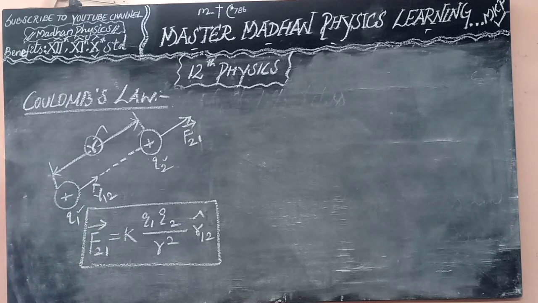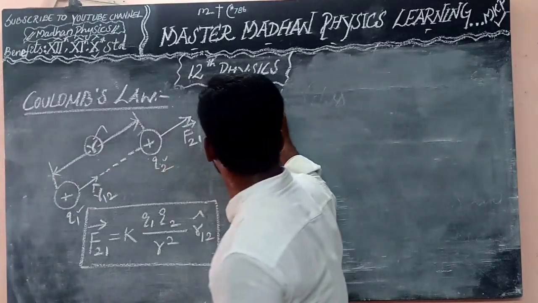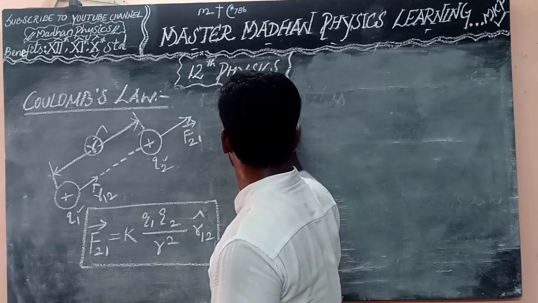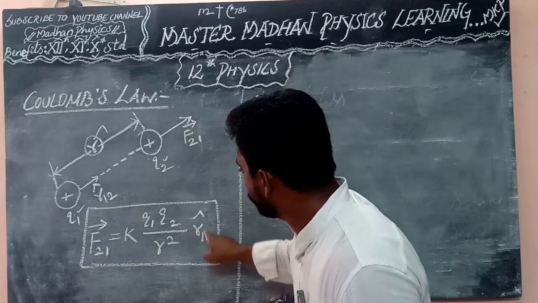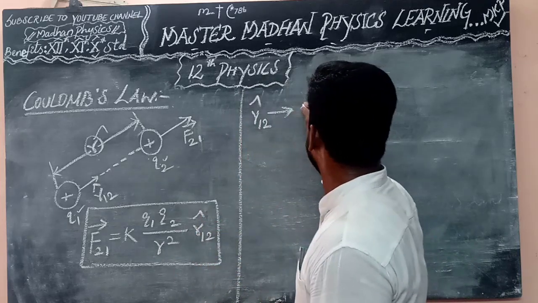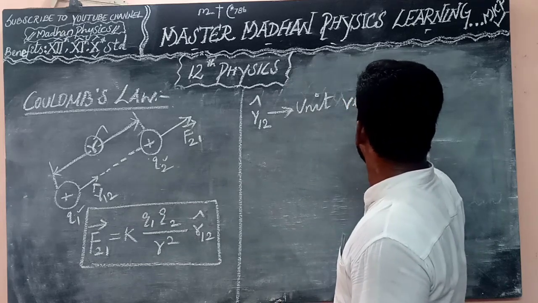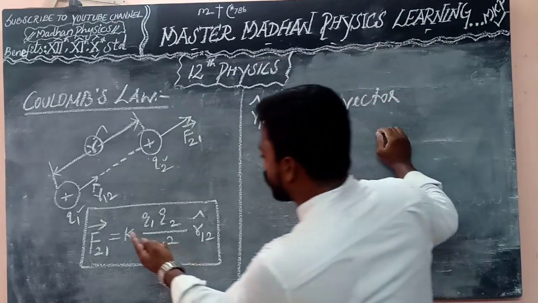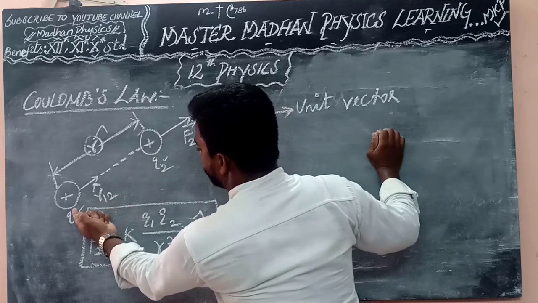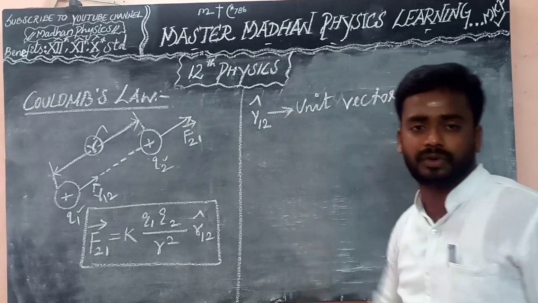Here R cap 1 2 is a unit vector directed from charge where to where? Q1 to Q2. So that is why we put 1 2 like this.